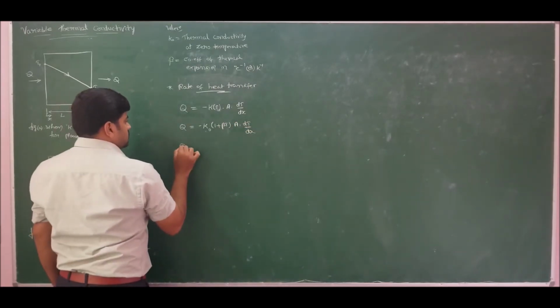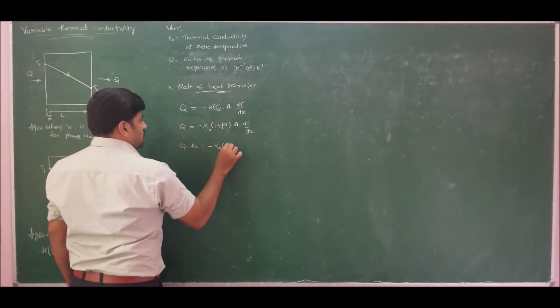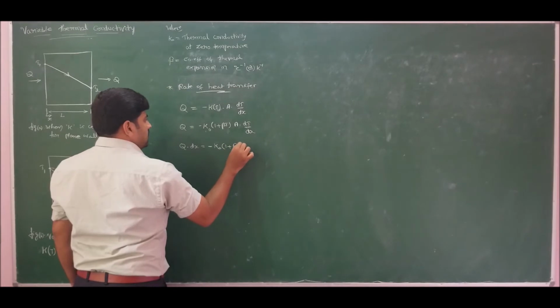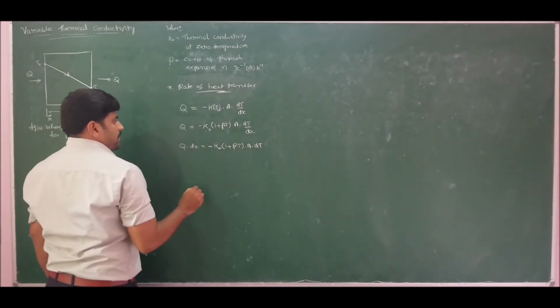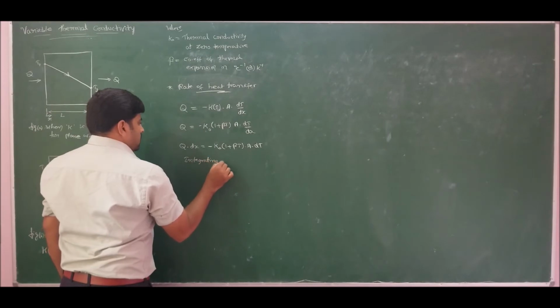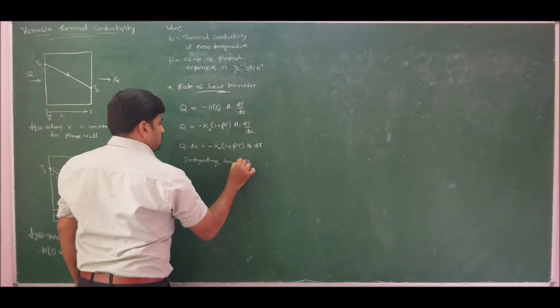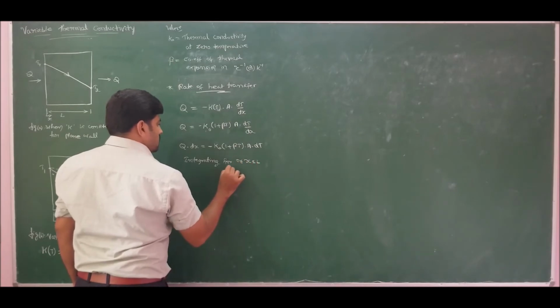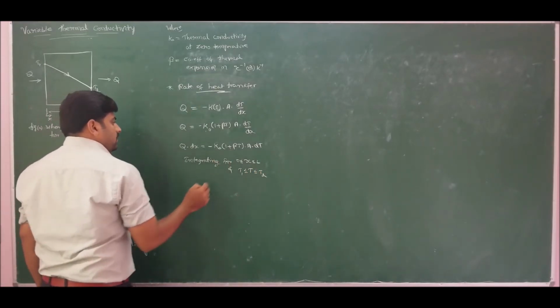So rearranging the terms, we will get Q into dx, which is equal to minus K naught of 1 plus beta T into area into dt. Now I can integrate the above equation, integrating for x, which varies from 0 to L, and temperature varying from T1 to T2. So substitute the limits and integrate.